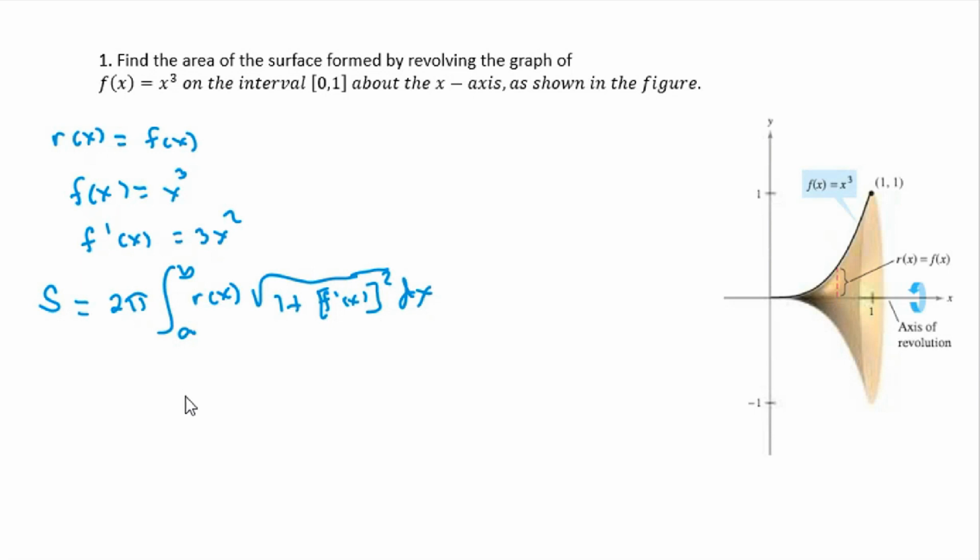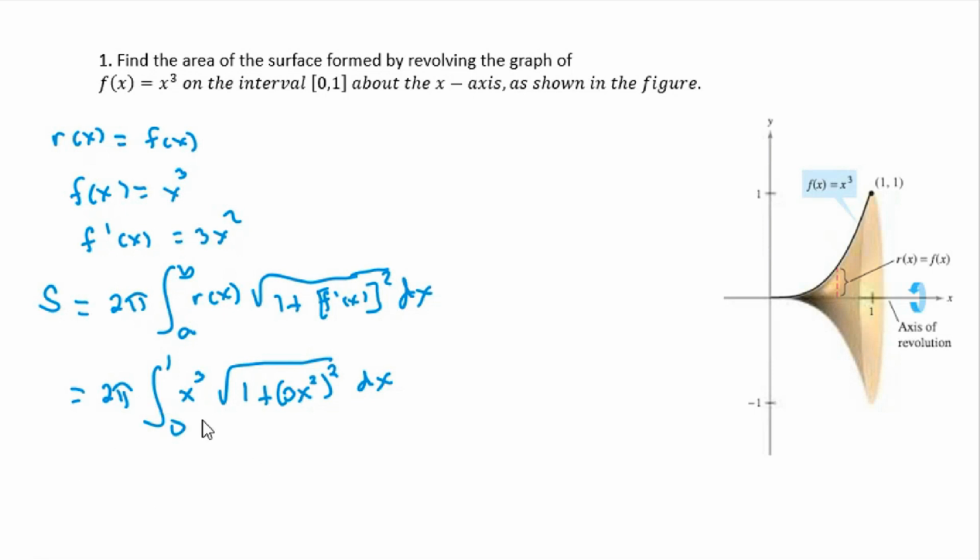By substitution, a equals 0, b equals 1, and r of x is equal to f of x, which is x cubed. So we have 2 pi times the integral of x cubed times the square root of 1 plus the derivative 3x squared, squared, dx with the interval from 0 to 1.